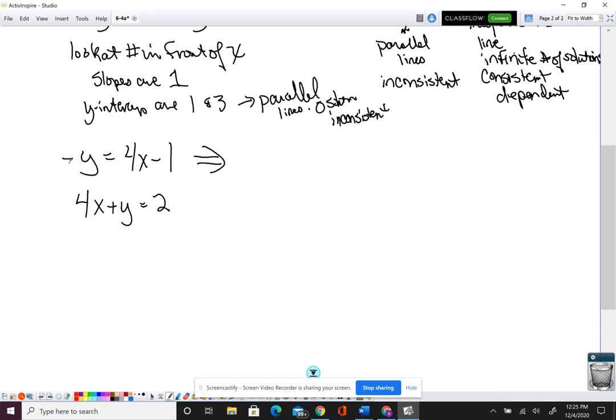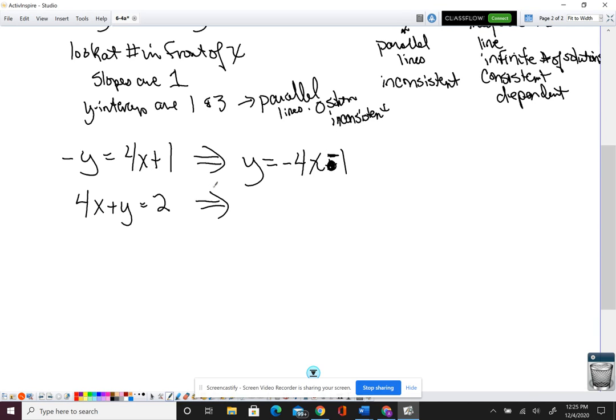It's not solved for y, it's solved for a negative y. So to get it solved for y, I change the signs on everything. So positive y equals negative 4x plus 1. I'm sorry, this should have been a plus 1 to start with, and this should be a minus 1. How's that? Starts with a plus 1, converts it to a minus 1.